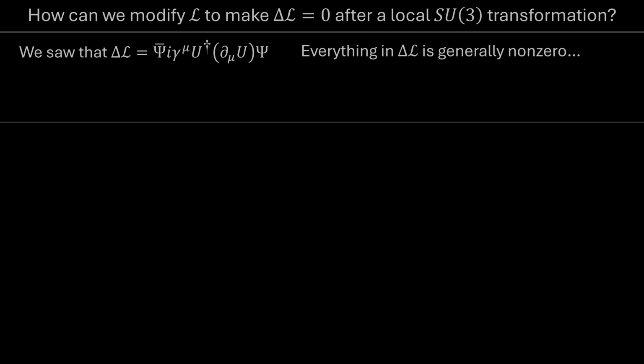So now the question becomes, how can we modify our Lagrangian so that it remains the same before and after a local SU3 transformation? In other words, how can we give our Lagrangian local SU3 symmetry? Well, we saw that when we hop from one gauge to another, our Lagrangian changes by this amount delta L equals psi bar i gamma mu U dagger partial mu U psi, and when you look at it, everything here is generally non-zero.